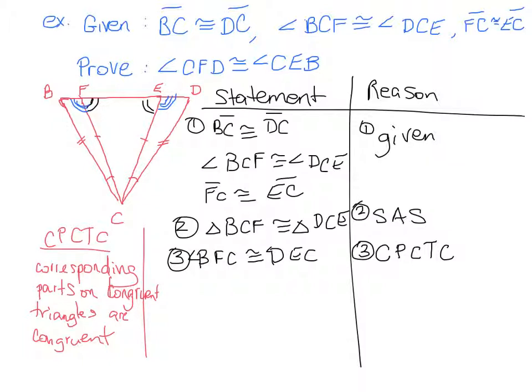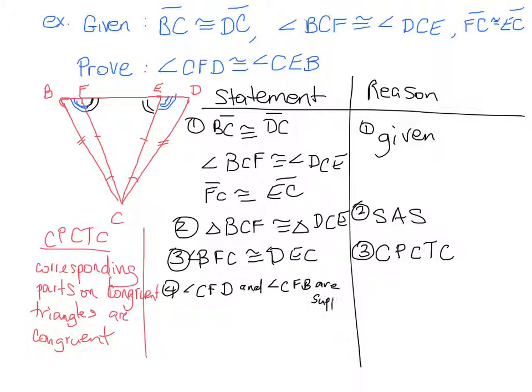Here's why. If that is here and that is here, that's a linear pair. So is this. These two angles are a linear pair and these two angles are a linear pair. And if you recall, linear pairs are supplementary. So we can now state, as our fourth statement, that angle CFD and angle CFB are supplementary.